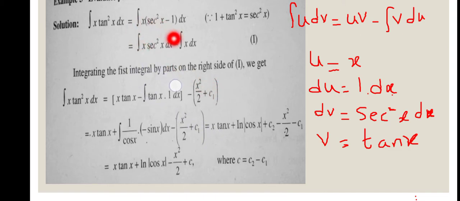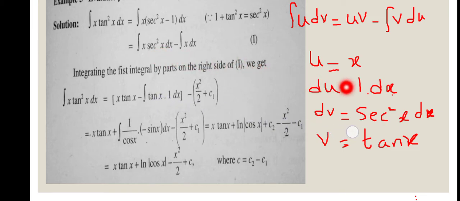And how will we do this integration? Here we have the product of two functions. In this product, the one function x is algebraic, and the second function secant square x is trigonometric. We have to decide according to the Eilert technique what function should be u and what should be v.